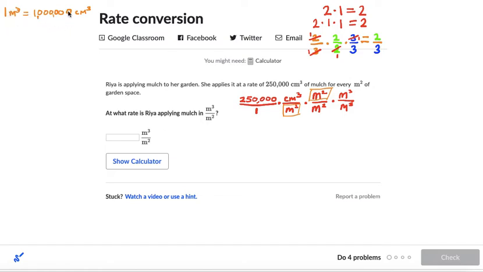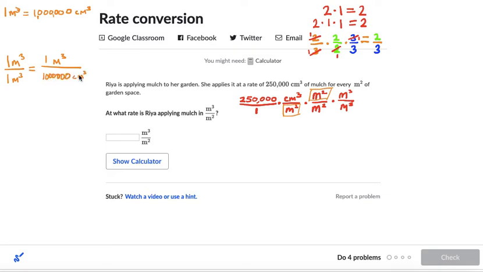There's reasons why it's that large, but you can multiply it out if you see fit. So what we're going to do here is replace this meters cubed down here with centimeters cubed. And how we're going to do that is we're going to say 1 meter cubed over 1 meter cubed is the same as saying 1 meter cubed over 1 million centimeters cubed.